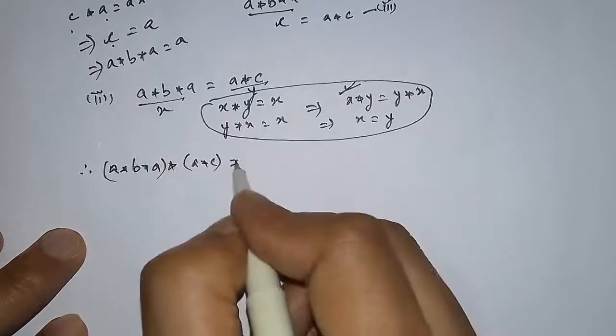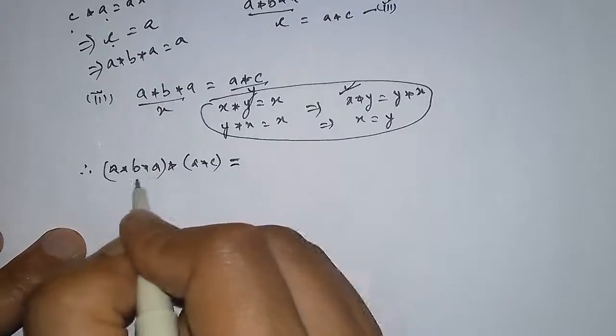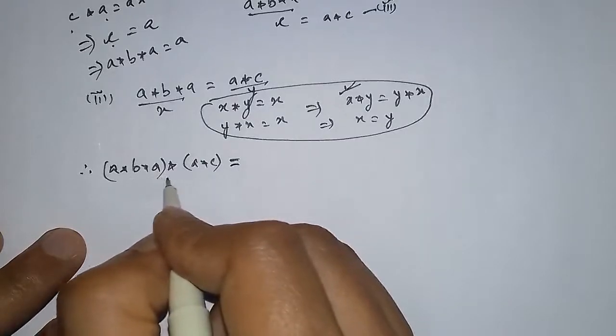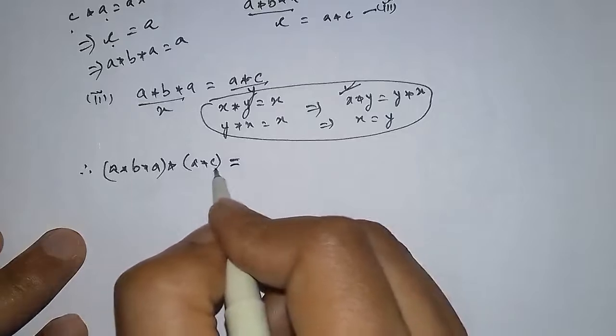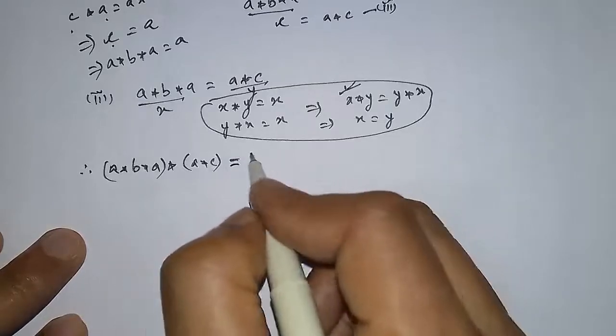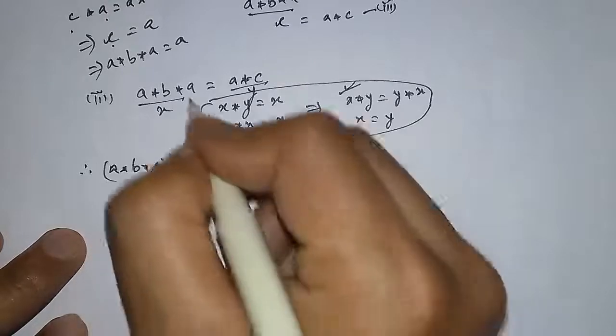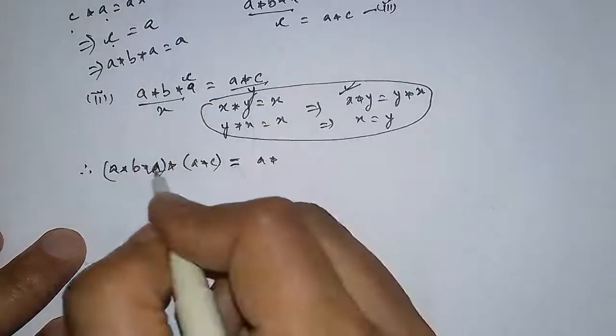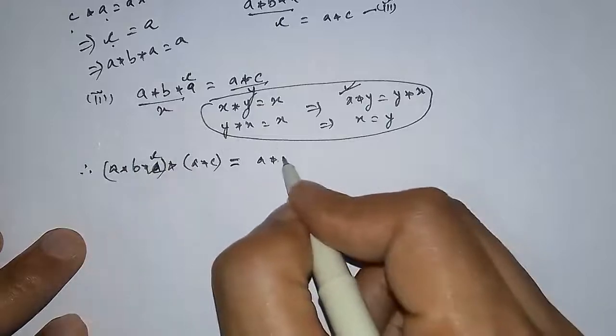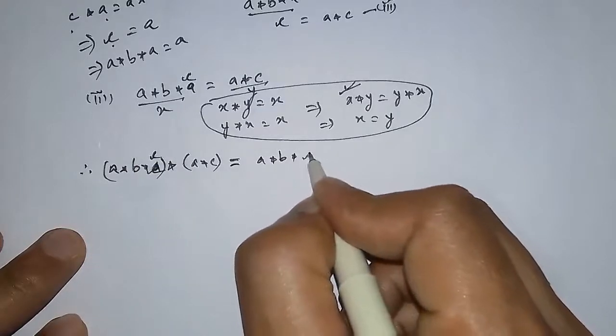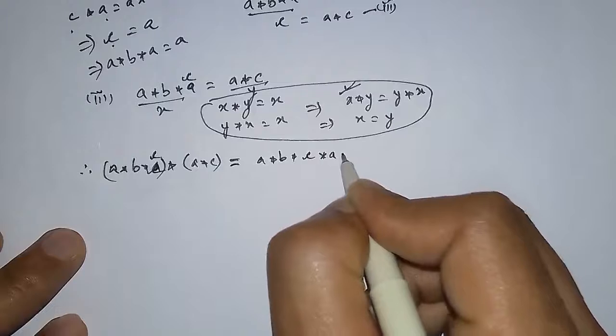Now using associative property, A star (B star C star A star C).